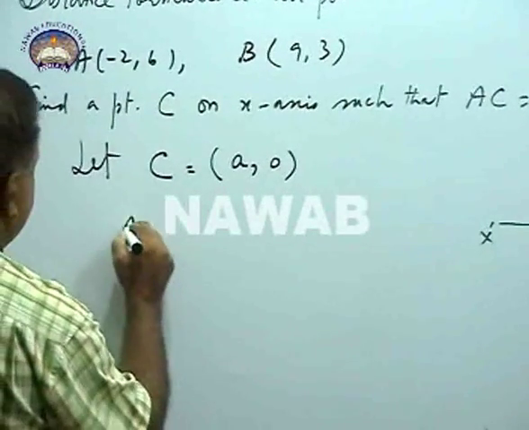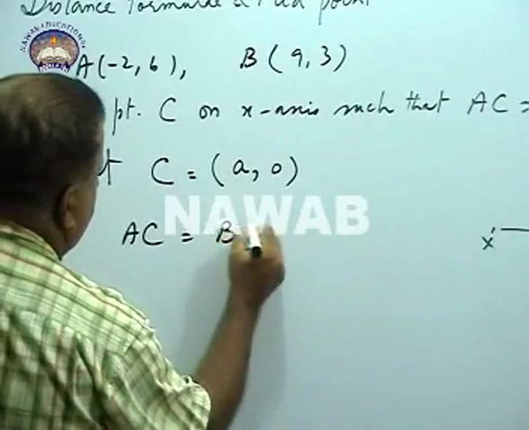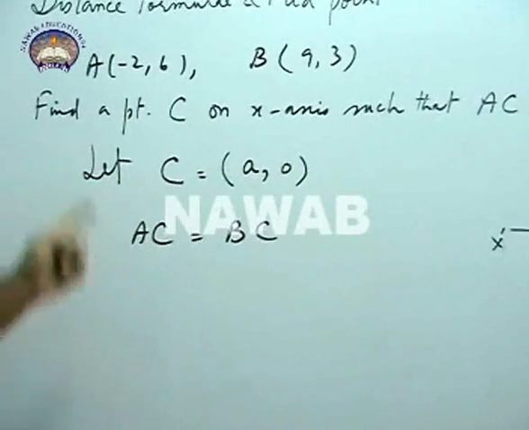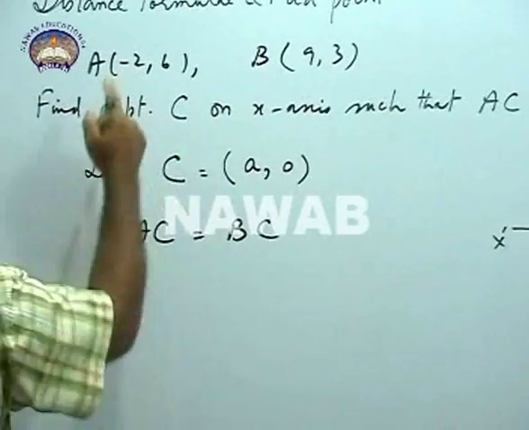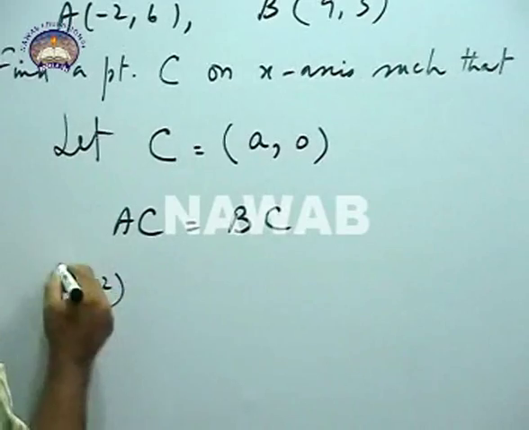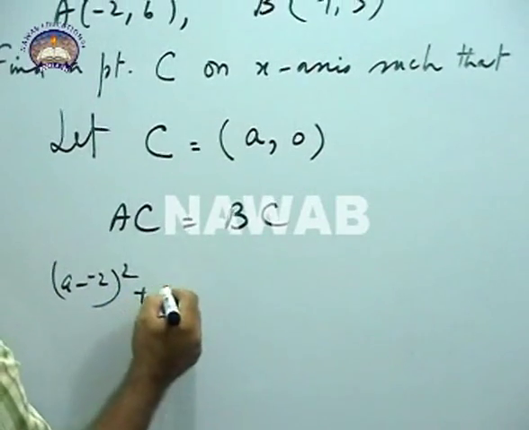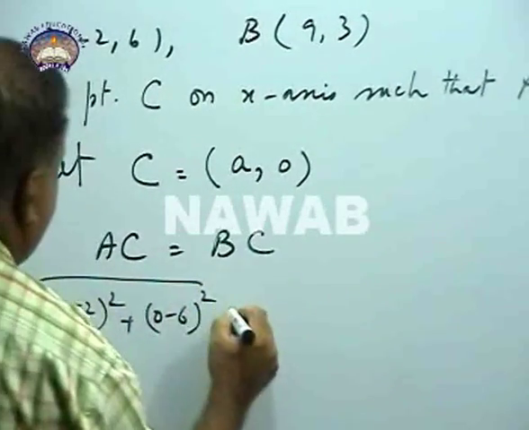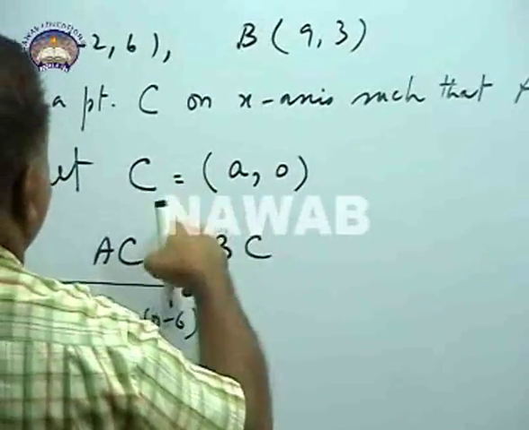Now as it is given AC is equal to BC, we get an equation from the distance formula. AC distance, how will we find AC? Under root of (a minus -2) whole square plus (0 minus 6) whole square. This is equal to BC.